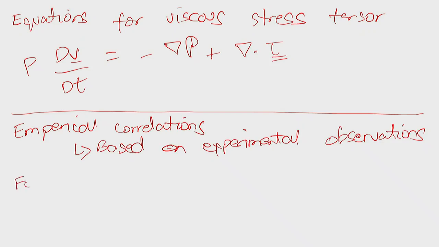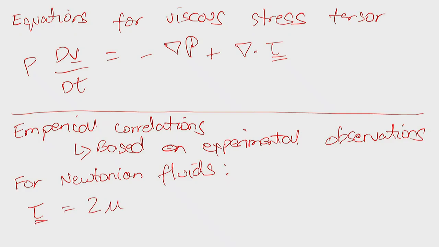And what people have found is that for Newtonian fluids, which have characteristic constant density and constant viscosity, water being one example, so it doesn't depend on the deformation of the fluid, tau has an empirical correlation. Again, this is not something that can be mathematically derived, but empirically it looks like so.